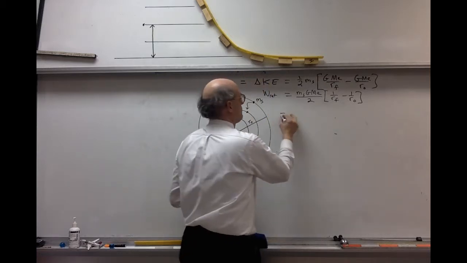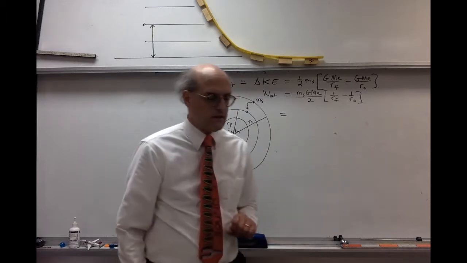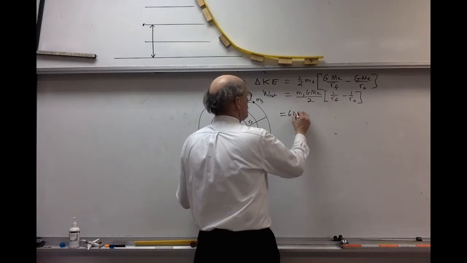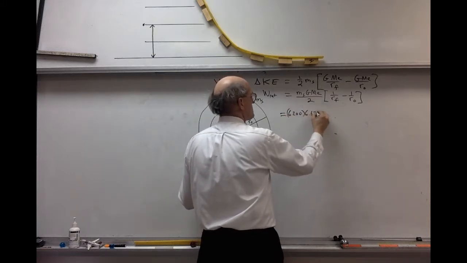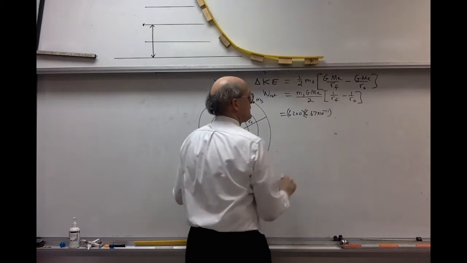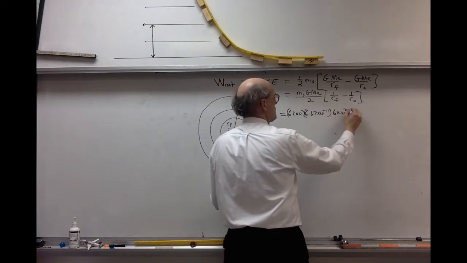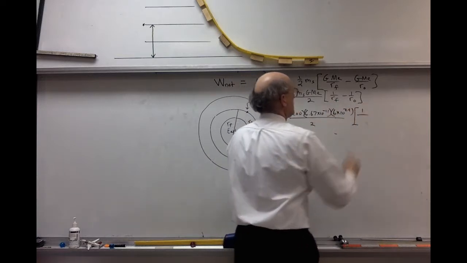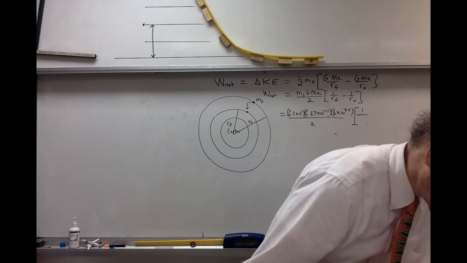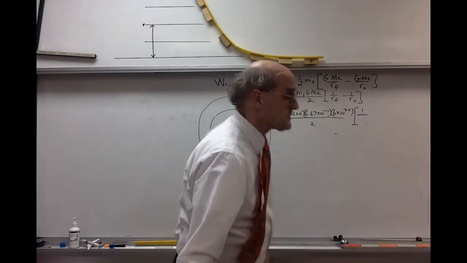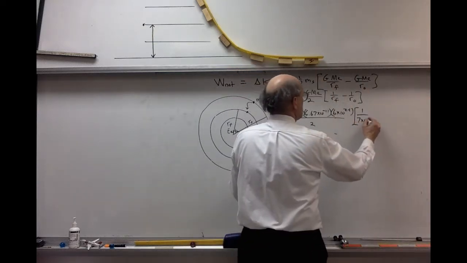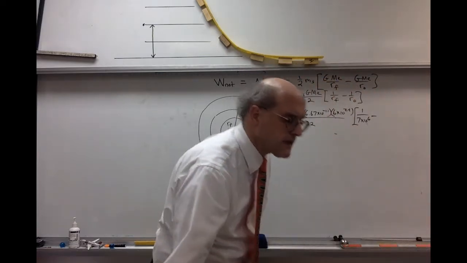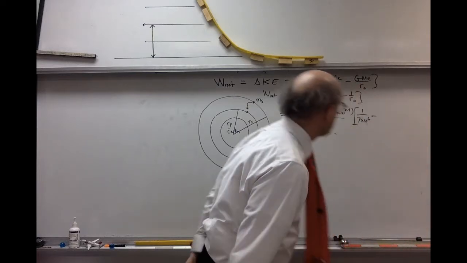Okay, so the mass of the satellite is given as 6,200 kilograms. G is 6.67 times 10 to the negative 11th. Mass of the Earth is 6 times 10 to the 24th kilograms. RF is given as 7 times 10 to the 6 meters. And RO is given as 3.3 times 10 to the 7th meters.